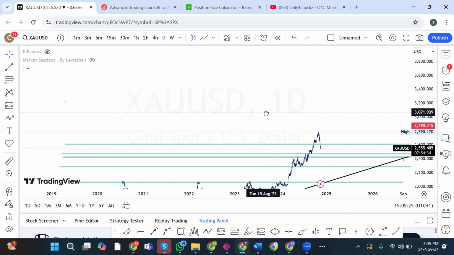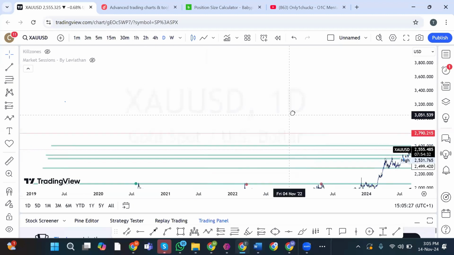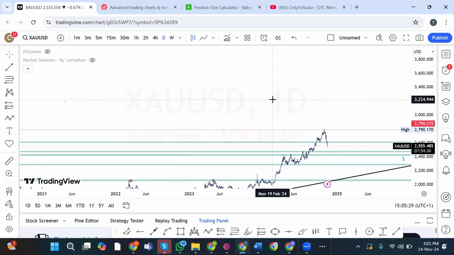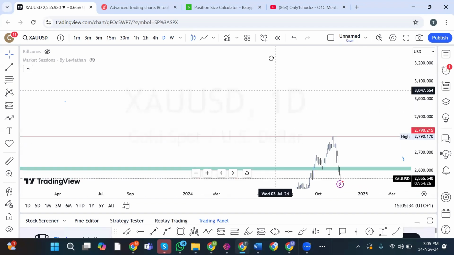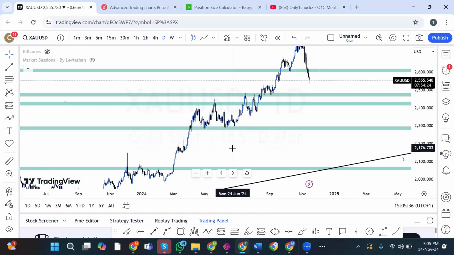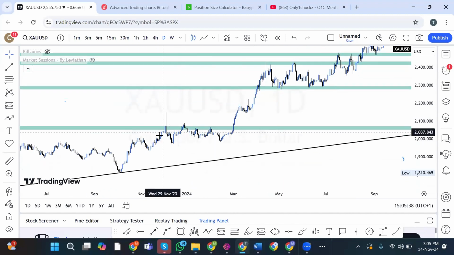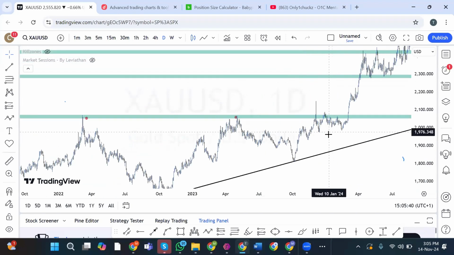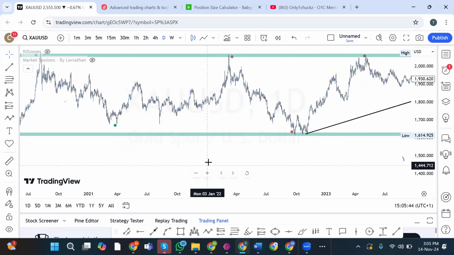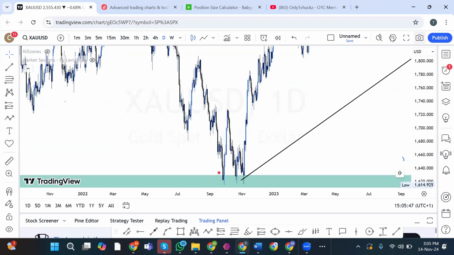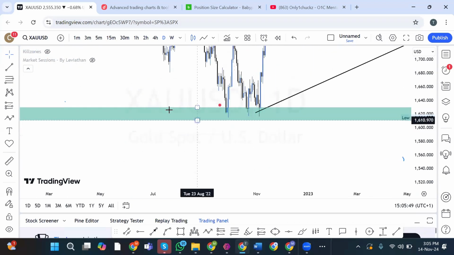So the way I do it, I try to ensure that the wicks are all covered. Let me show you something. I'll start from the formation, more especially the closing of the candles. Where did we start that drawing from? Okay, here. If you look at this zone, I'm going to take this out.